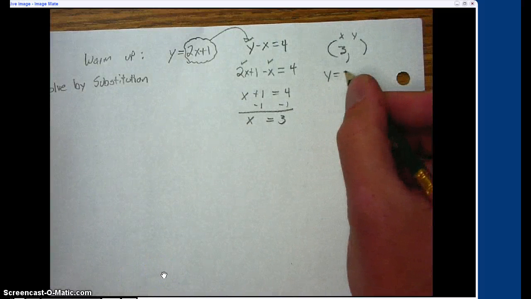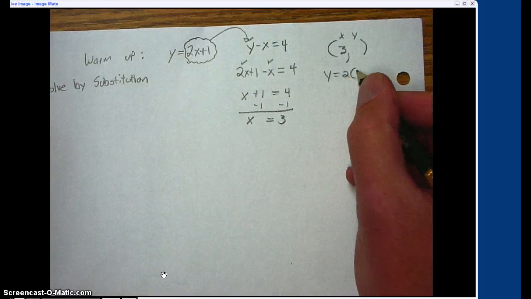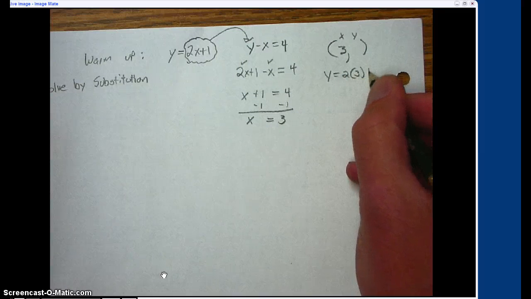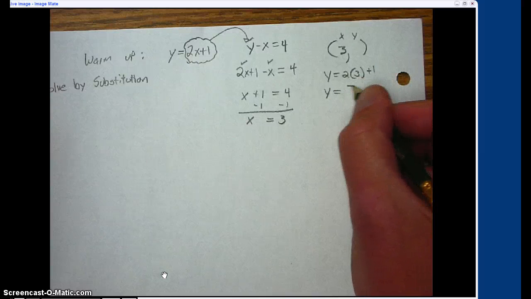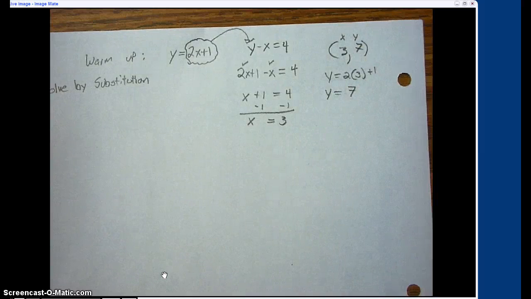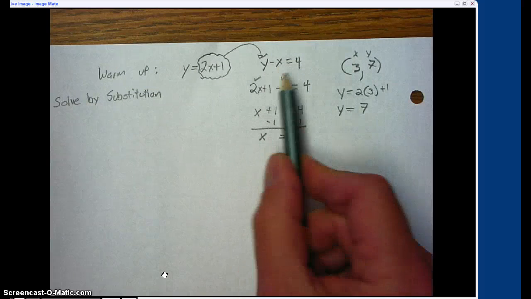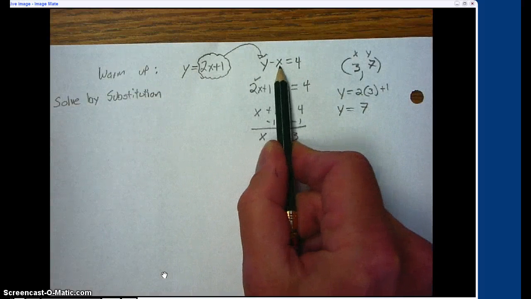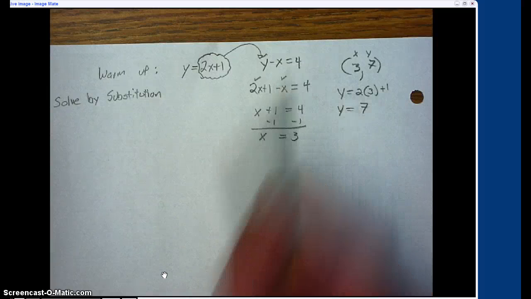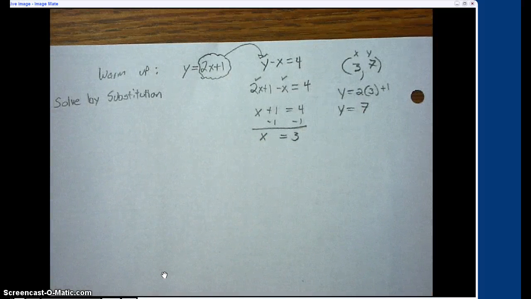So y equals 2 times 3 plus 1. Y equals 6 plus 1 is 7. Check it in both equations. We just did in this one. How about this one? Is 7 minus 3 equal to 4? Yeah. It works. Okay, that's solved by substitution, okay?